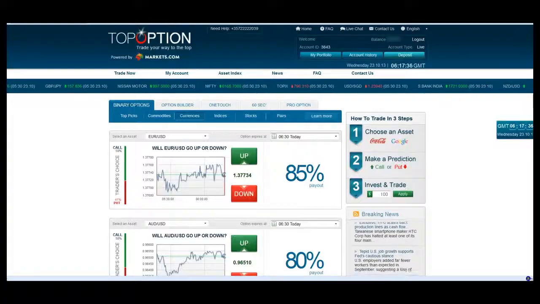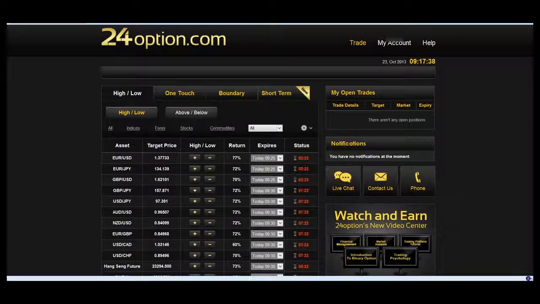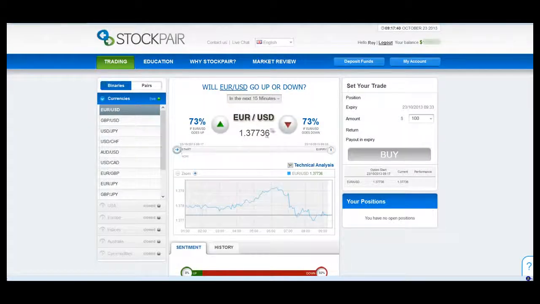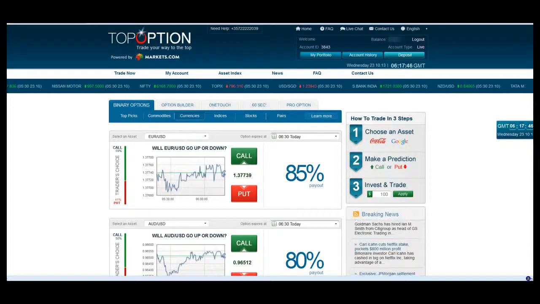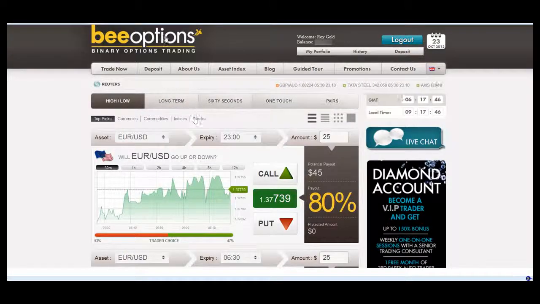Let's see, 734, that's also accurate. 733, that's also accurate, and 736. So all four of these brokers are not currently manipulating the quotes. So what you see is the real quotes that should be given.